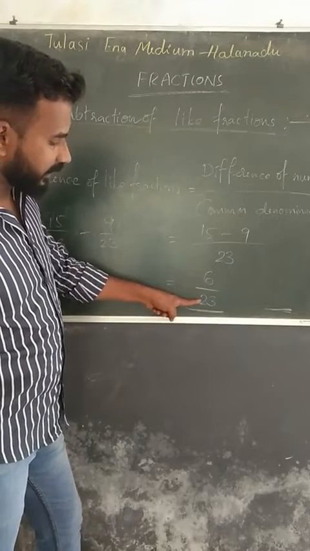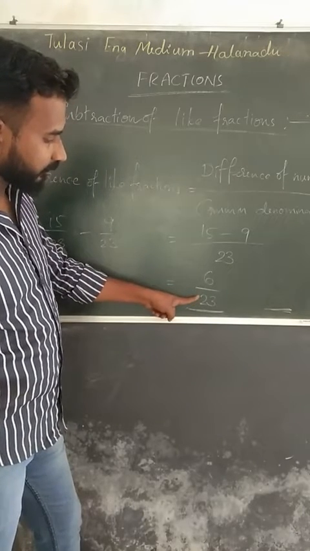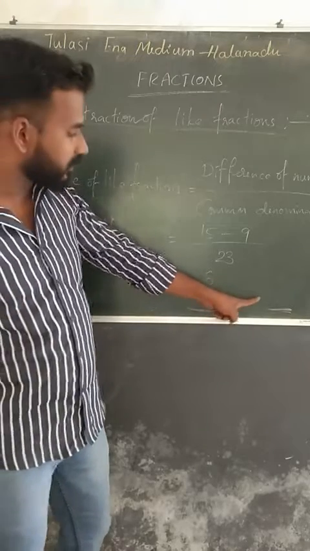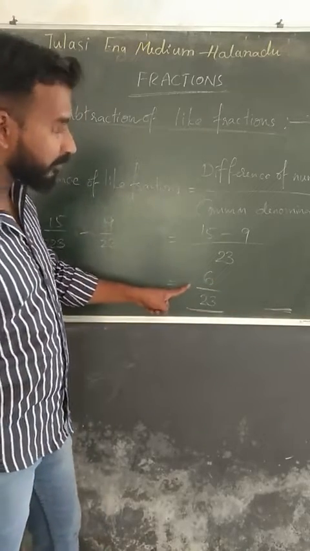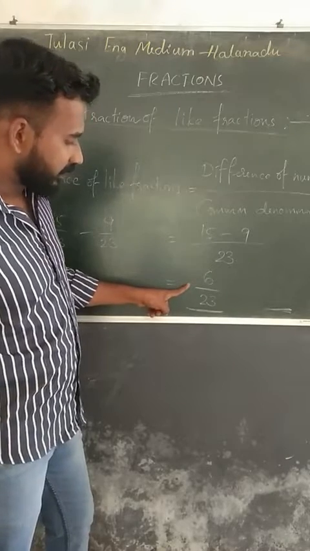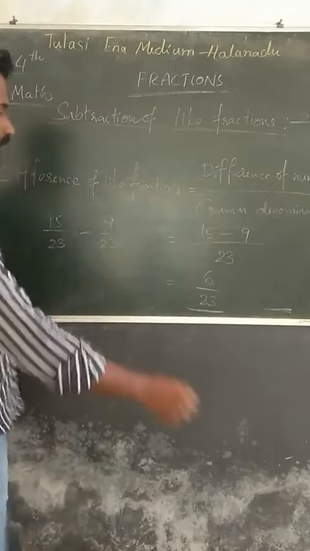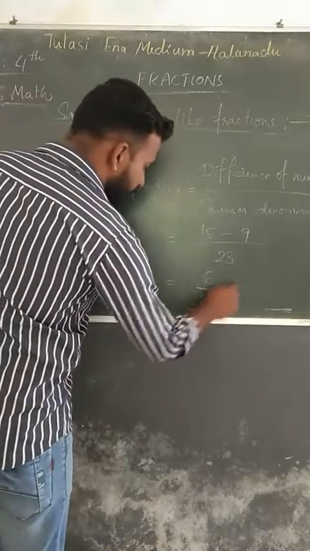We can't simplify it again. If the fraction is improper, you have to write it in the form of a mixed fraction. But if it is a proper fraction, you can keep it as it is, but it should be in the simplest form.